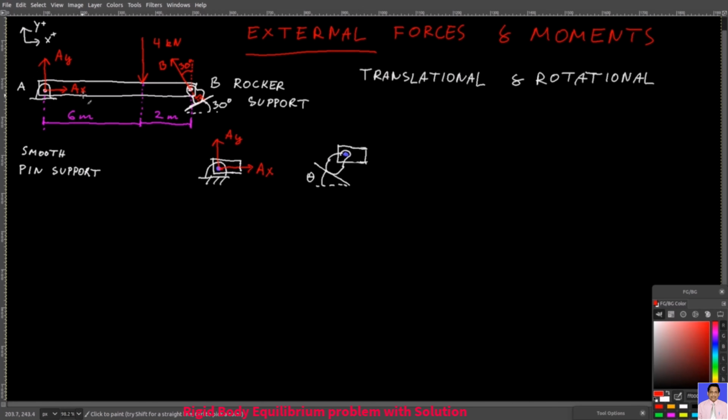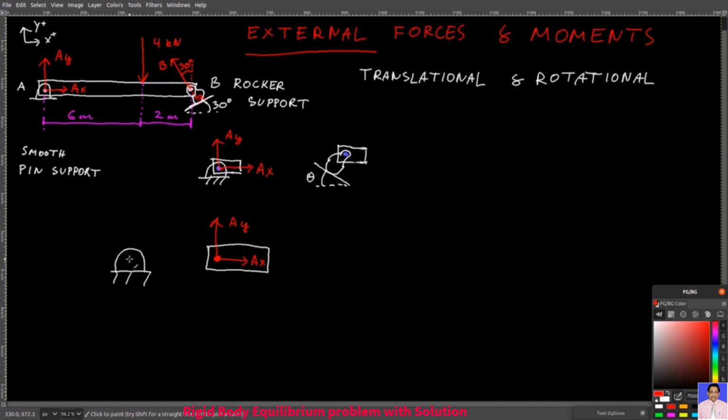The reason why I have AX and AY here is because no matter what external forces or moments I apply to this beam, I know that this location at A will stay here where that pin is. The beam might rotate about this pin, but it will be fixed to this location. And again, note that we are talking about the forces that supports apply to the beam.